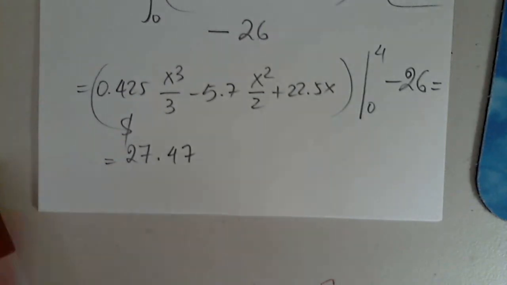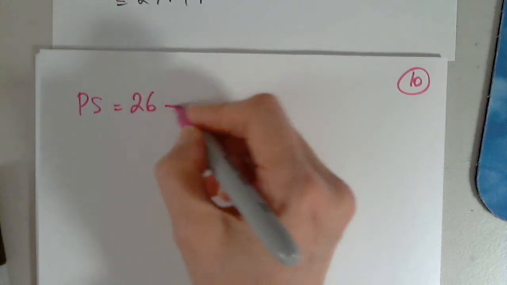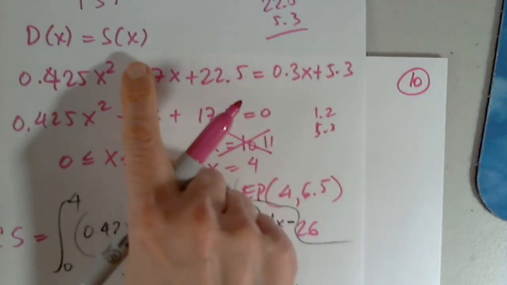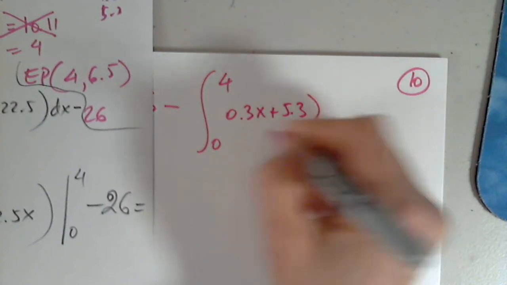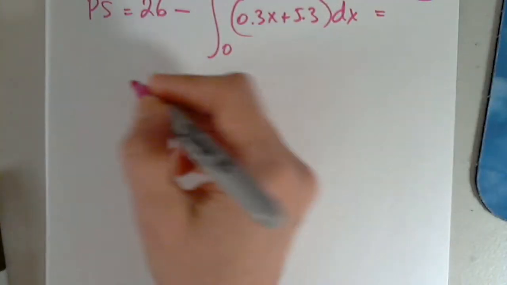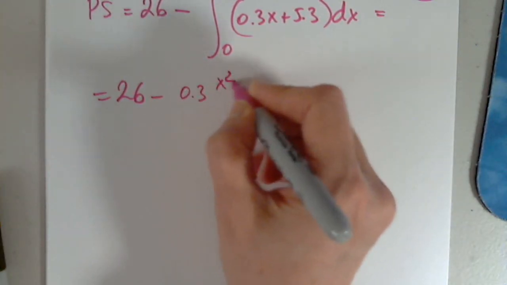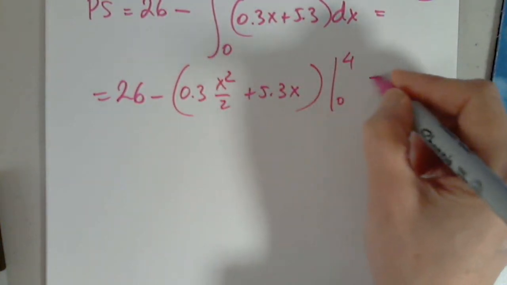Okay, now we want to determine the producer surplus. Which will be 26 minus the integral from 0 to 4, but this time of the supply function, 0.3x plus 5.3 dx. So this is 26 minus 0.3x squared over 2 plus 5.3x from 0 to 4.